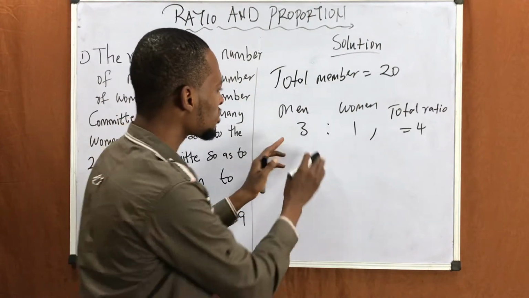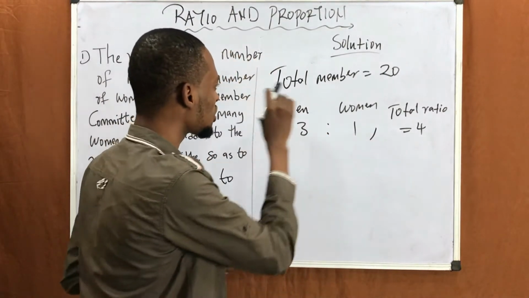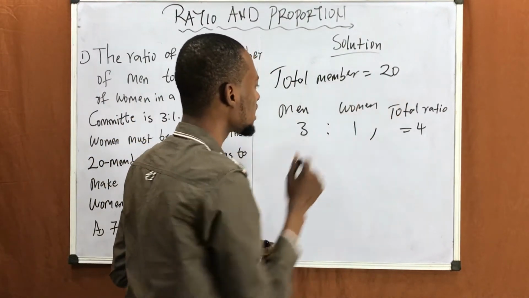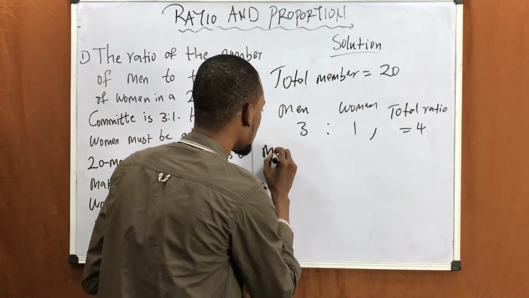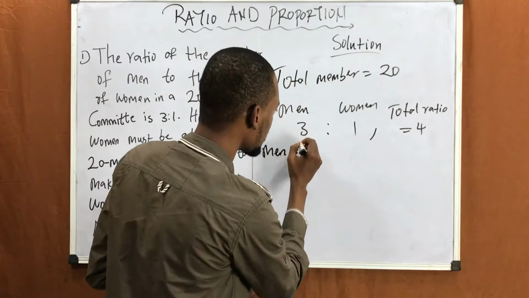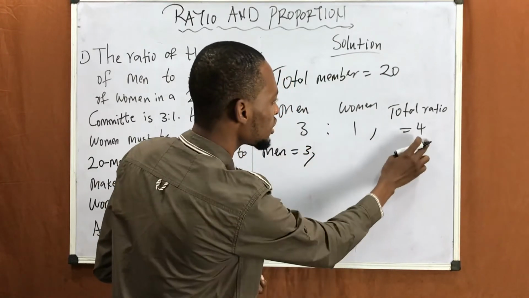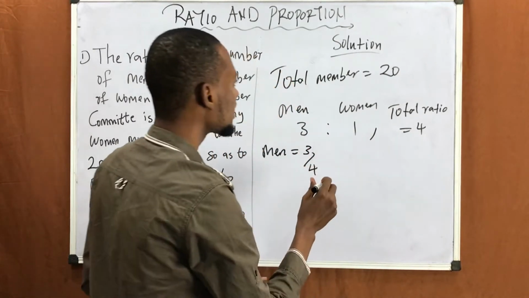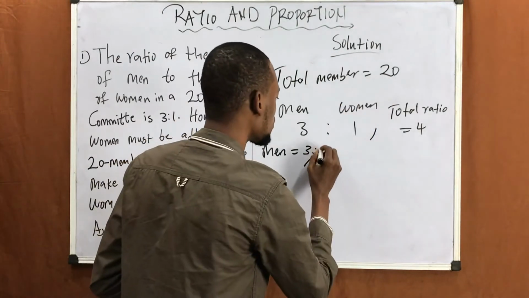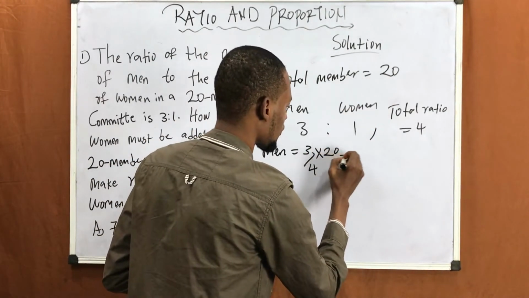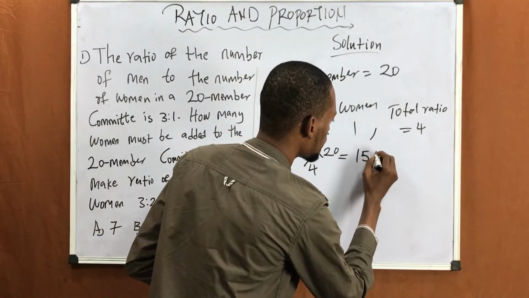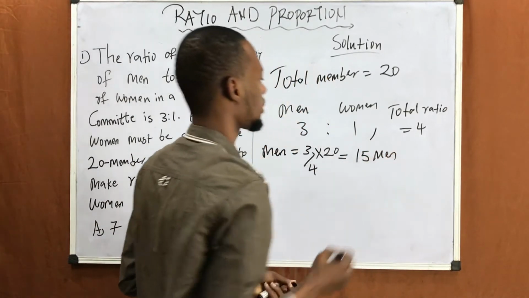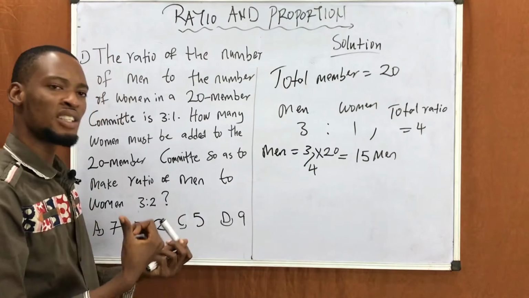We know that the total ratio is 4 and the total member of the committee is 20. This implies that the number of men equals 3 over the total ratio 4 times the total member of the committee, which is 20. So this should give you 15.